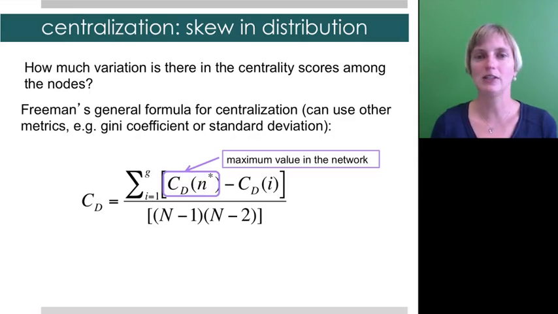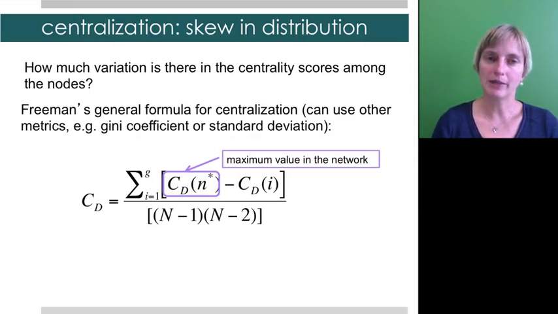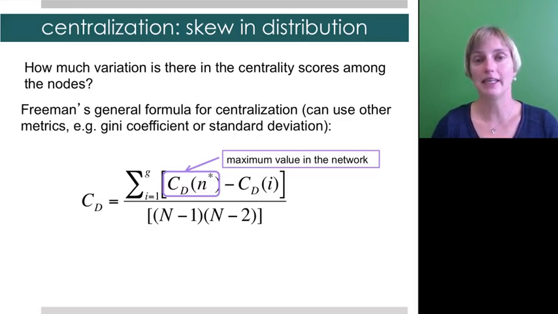We just looked at standard deviation in degree, but we also threw in something called the Gini coefficient, which varies from 0 if everyone has the same degree to 1 if one node has all the degree and all the other nodes have degree 0, which you might see in a star formation.